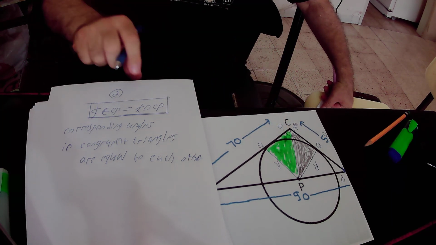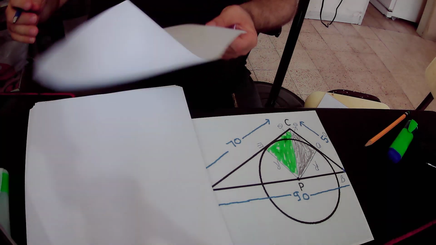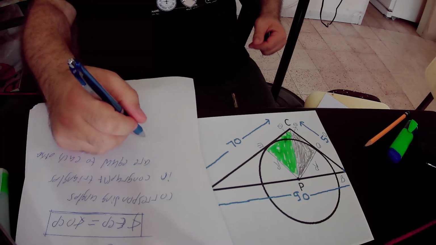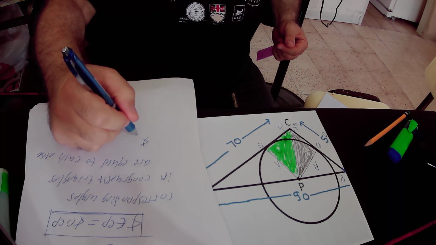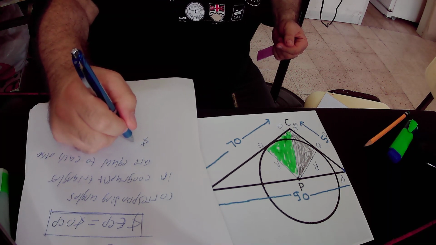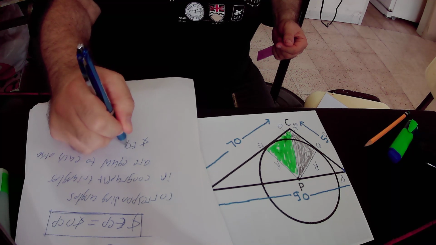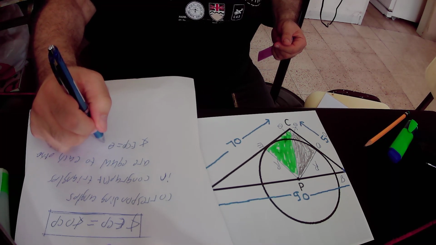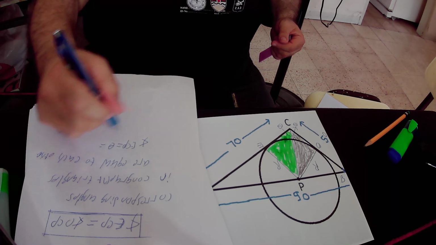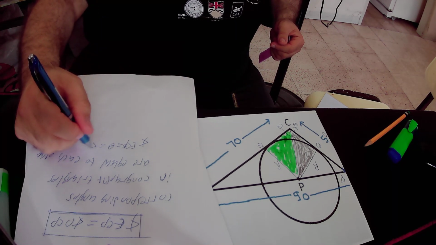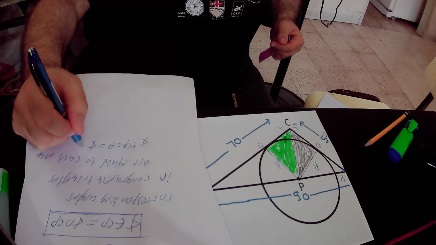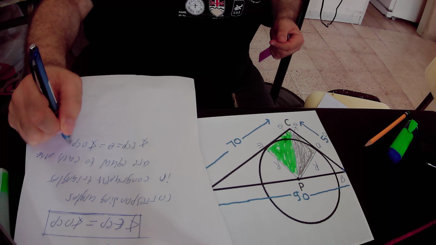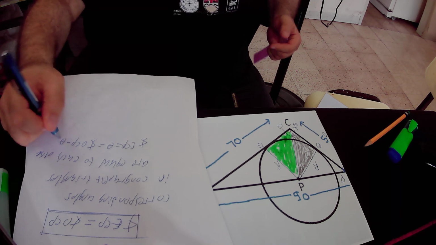Okay, so we can say that angle ECP of the green triangle equals theta, which equals angle OCP of the black triangle, that also equals theta.